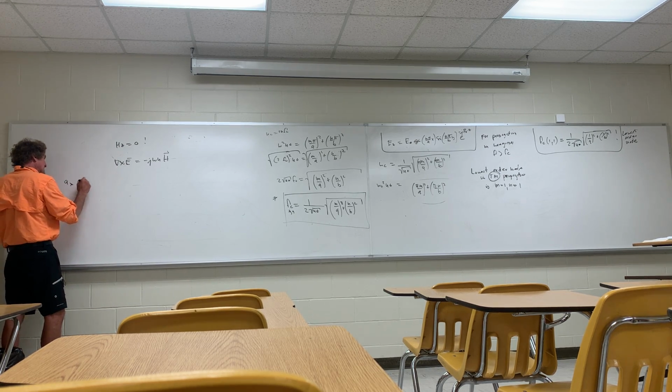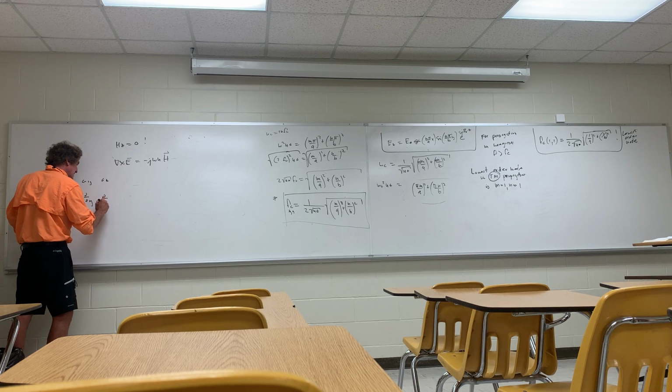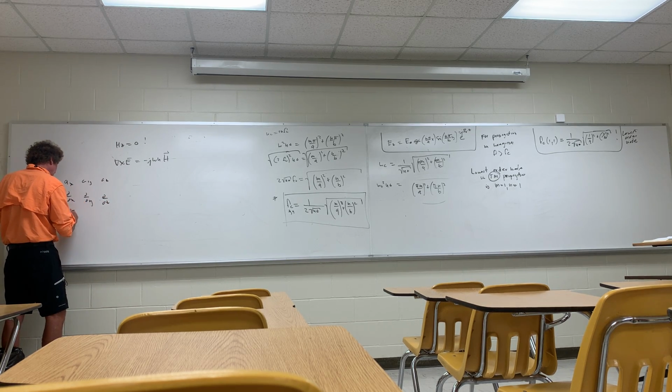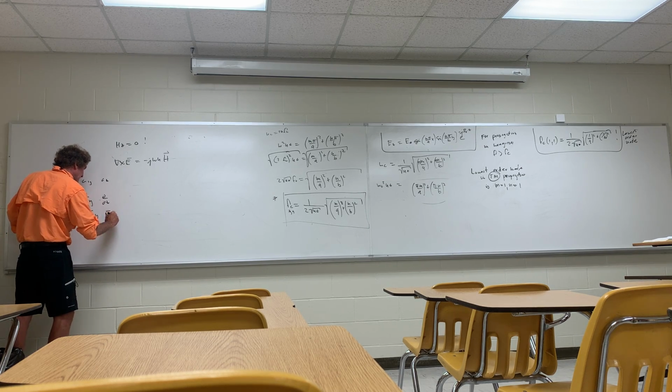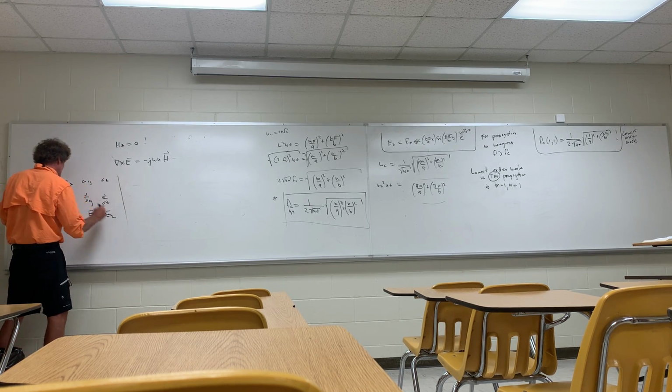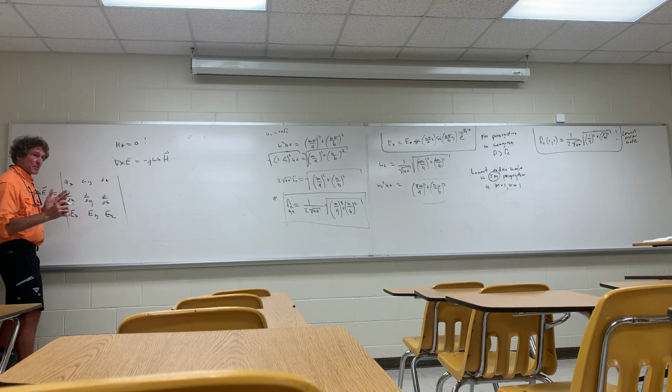It would be AX, AY, AZ, d/dx, d/dy, d/dz, and then EX, EY, EZ. The determinant of that is equal to the curl of E. Y'all with me on this much?